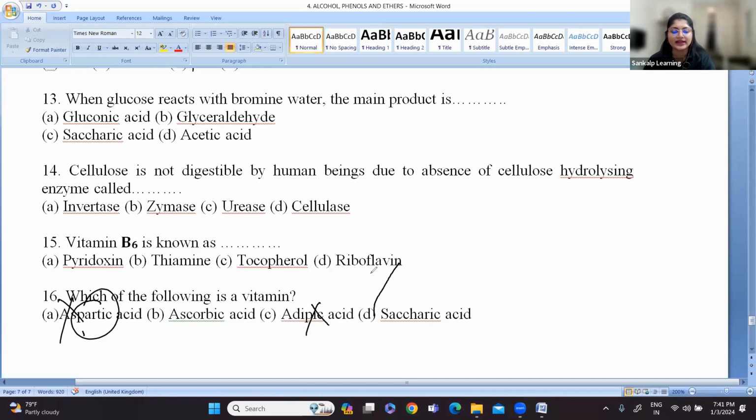Saccharic acid is also wrong. So ascorbic acid is the generic name of vitamin C, option B. It is a very important vitamin for repairing your tissues.